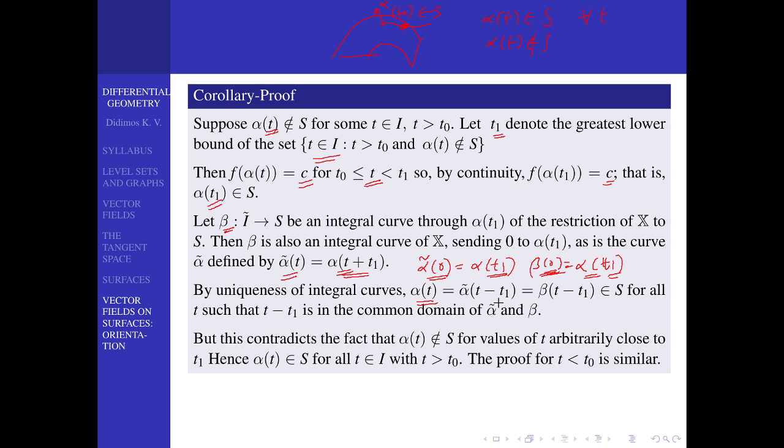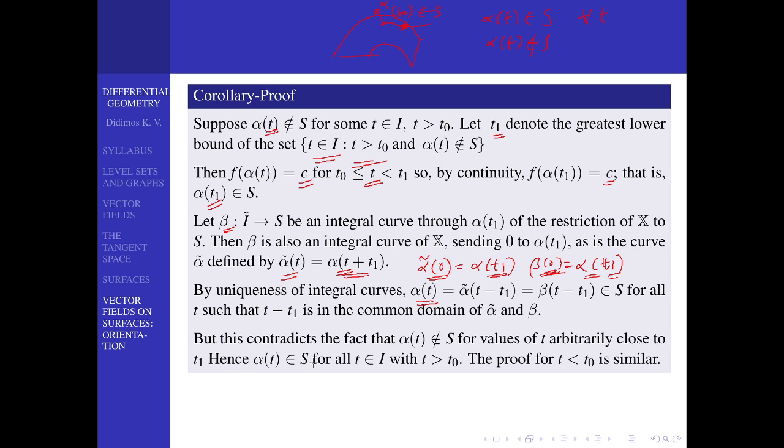Okay, so this is a contradiction, because we assumed that this t1 is the greatest lower bound for this set. When you consider a point which is less than this t1, then alpha of t belongs to S. Clear? So this is a contradiction to the fact that alpha of t does not belong to S for values of t arbitrarily close to t1.